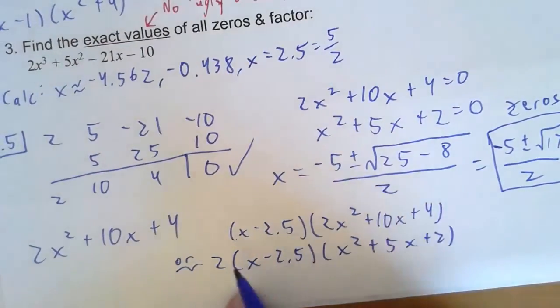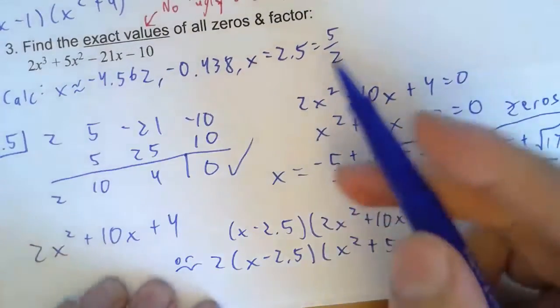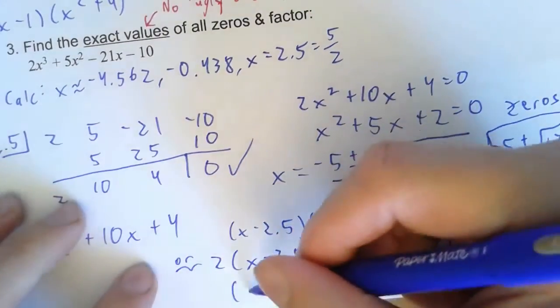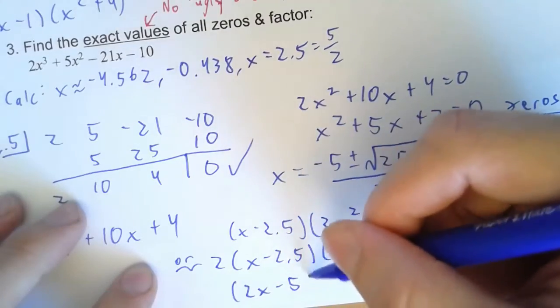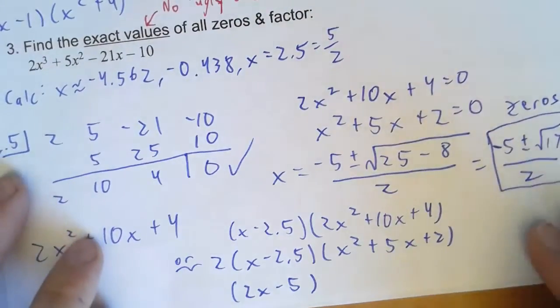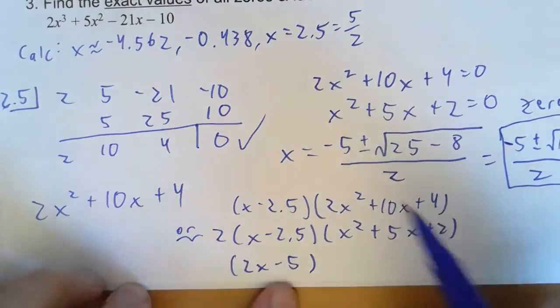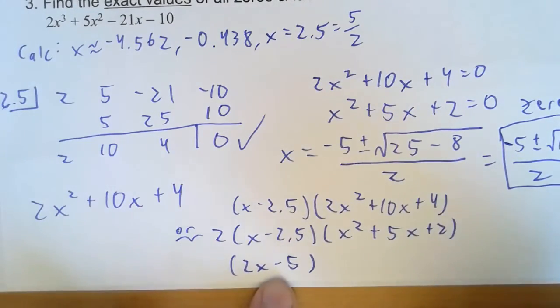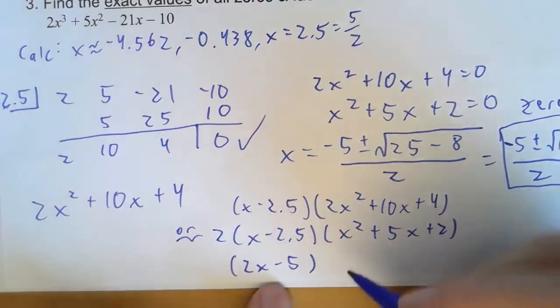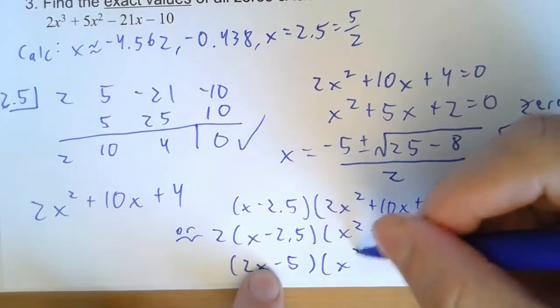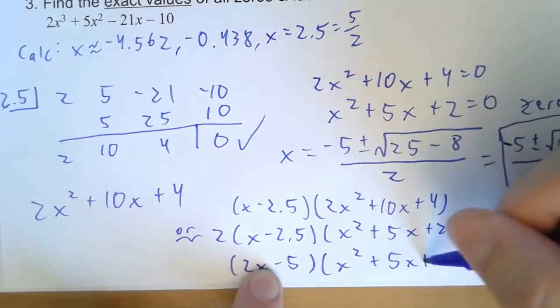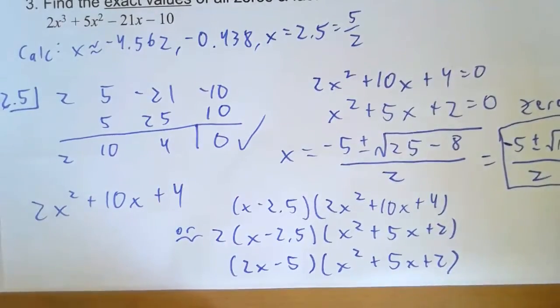Or another possibility is instead of saying x minus 2.5, if you think about it like 5 halves, you might be thinking that, well, you'd have 2x minus 5 would be another way to get that 5 halves zero. Okay, but if you do this one here, you've put the 2 in with this one, and so here you would just want the x squared plus 5x plus 2.